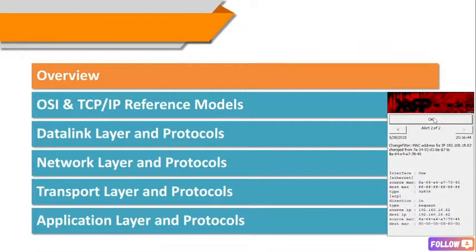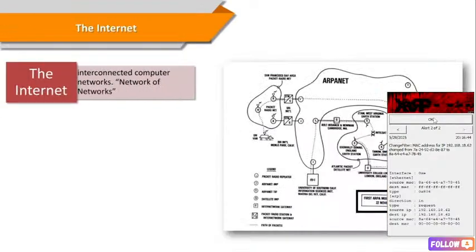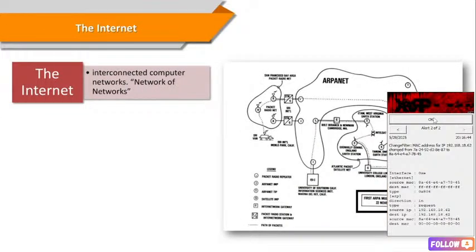So let's look at the basic concepts of networking, and of course, the mother of all networks, the Internet. The Internet is a global system of interconnected computer networks that use the standard Internet Protocol Suite, often called TCP/IP, although not all applications use TCP, to serve billions of users worldwide.